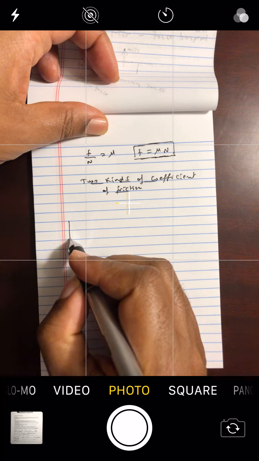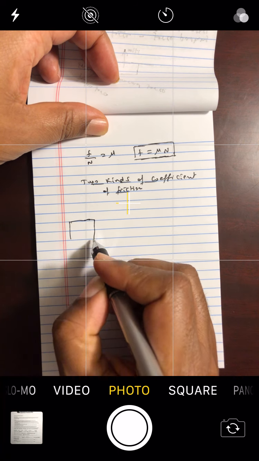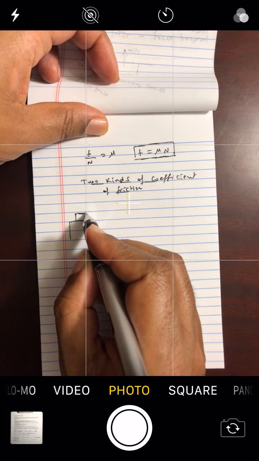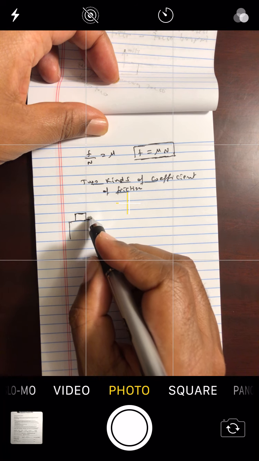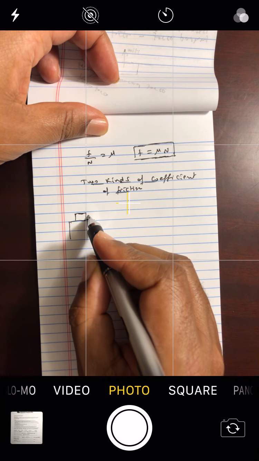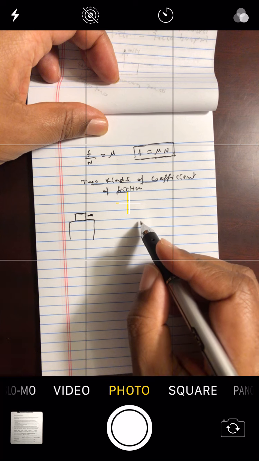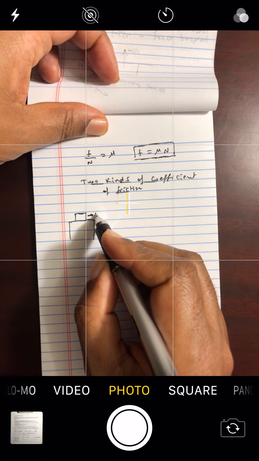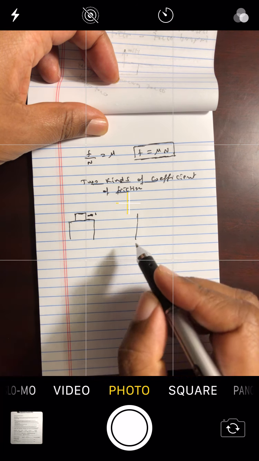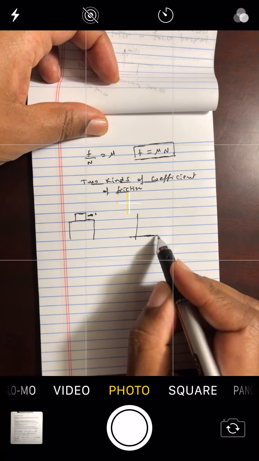Suppose, let's say, you have this object on the surface over here, and you're trying to slide it by applying force over here, but you start the force from zero. Okay, so obviously first it's not going to move.